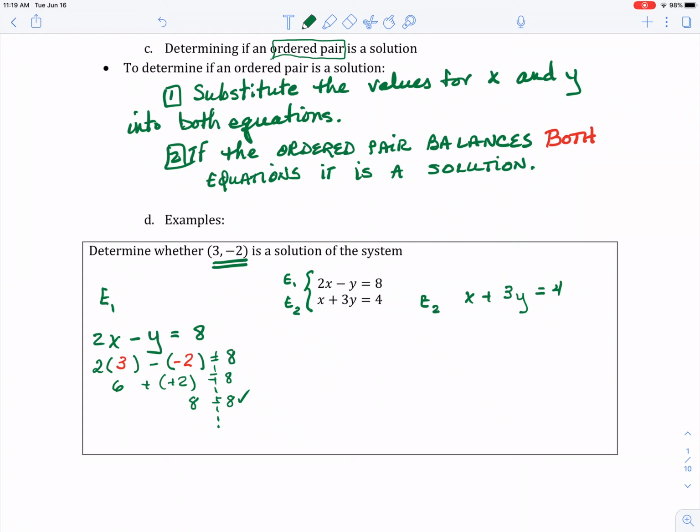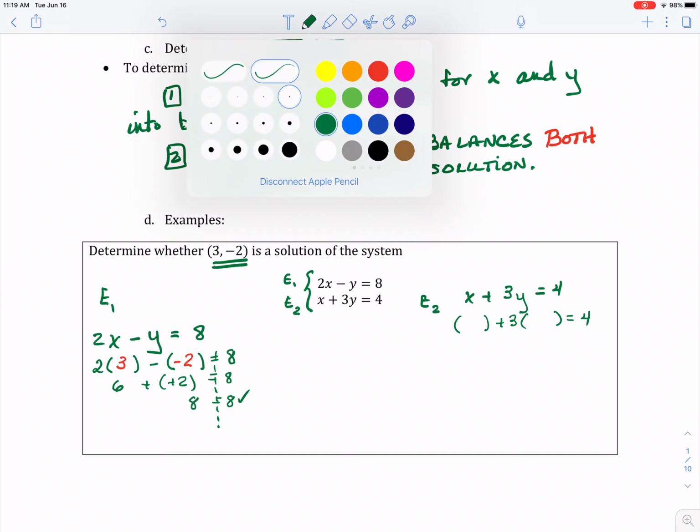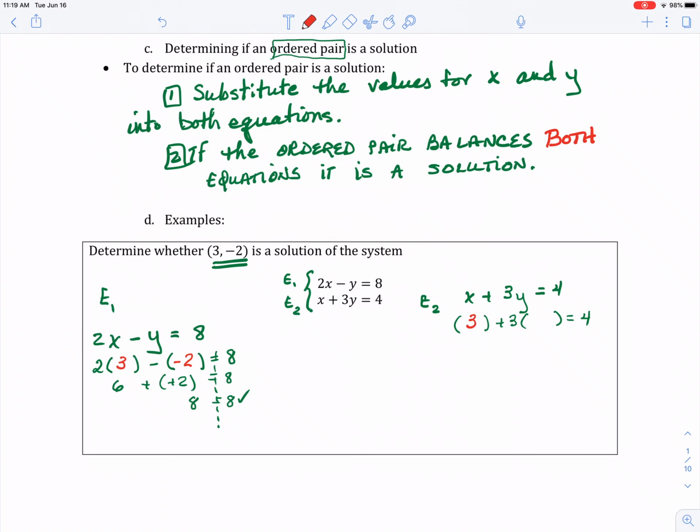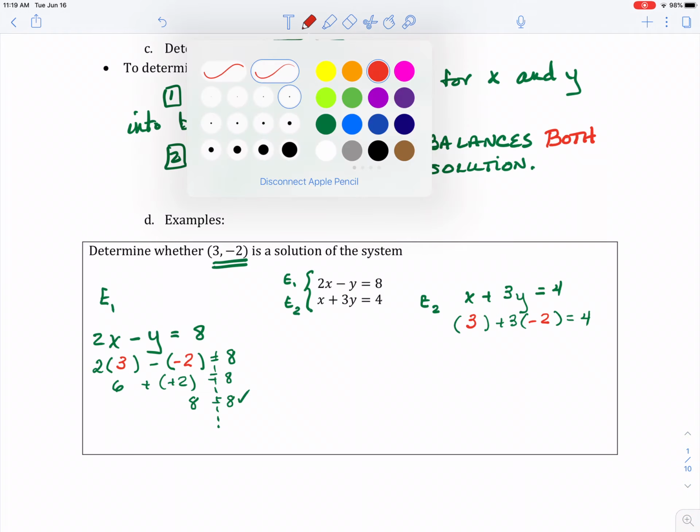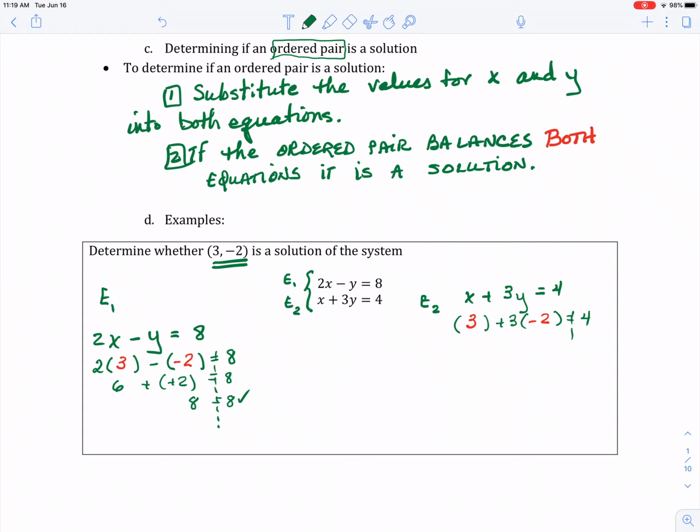So now I need to go into the second equation, create these little placeholders for X and Y, substitute in the value 3 for X and the -2 value for Y, and then do the arithmetic. And you can see that -3 does not equal +4.